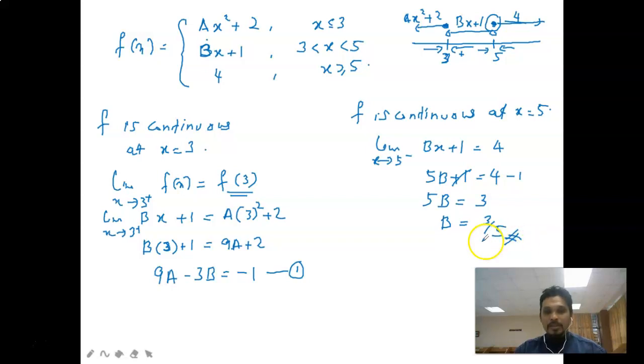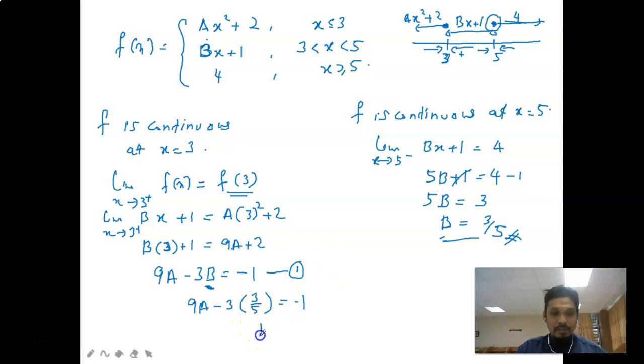Okay, so substitute this value of b into the equation. So 9a minus 3 times 3 over 5 equals negative 1. You can use your calculator. It is a simultaneous equation with two variables, a and b, with two equations.